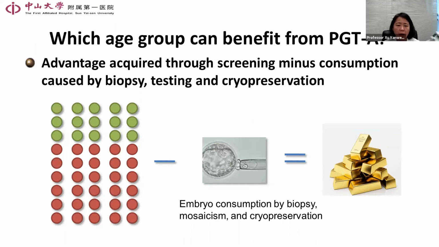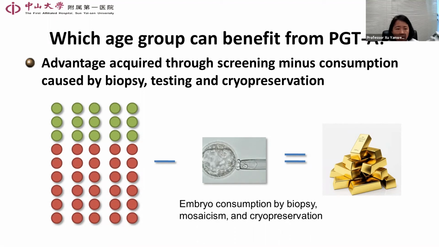So, which age group can benefit from the PGT-A? In my understanding, the advantage acquired in this age group through the embryo screening should be much higher than the consumption caused by the biopsy testing and cryopreservation.